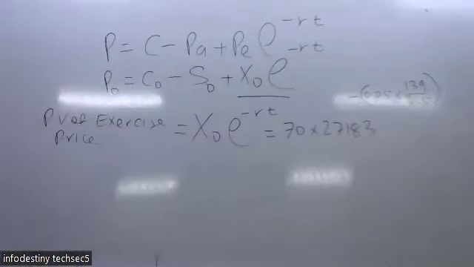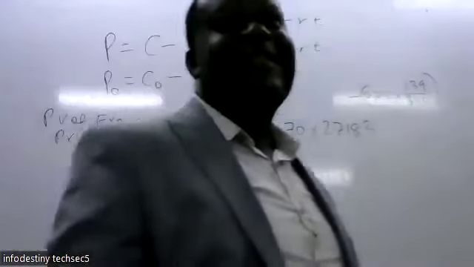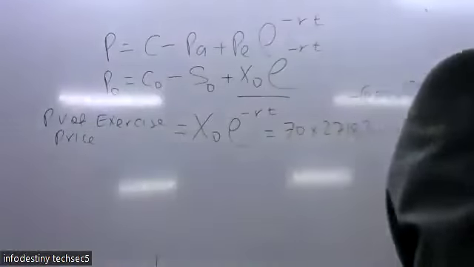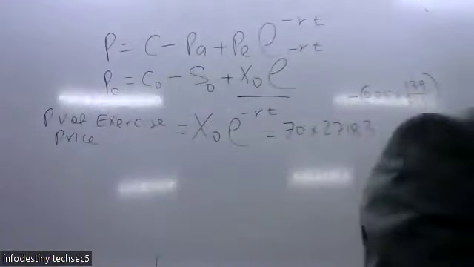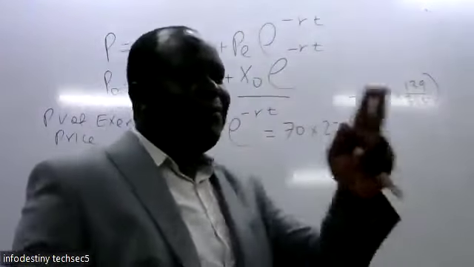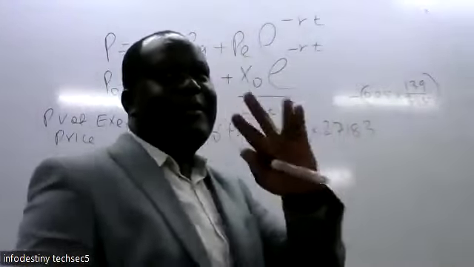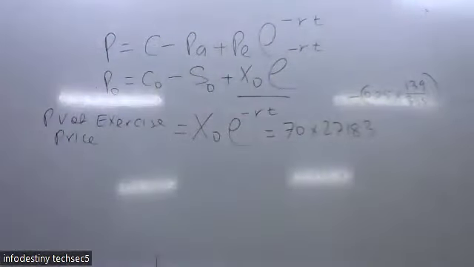Once you get the final figure, round it off to 2 decimal places. You have to pay 68.68.